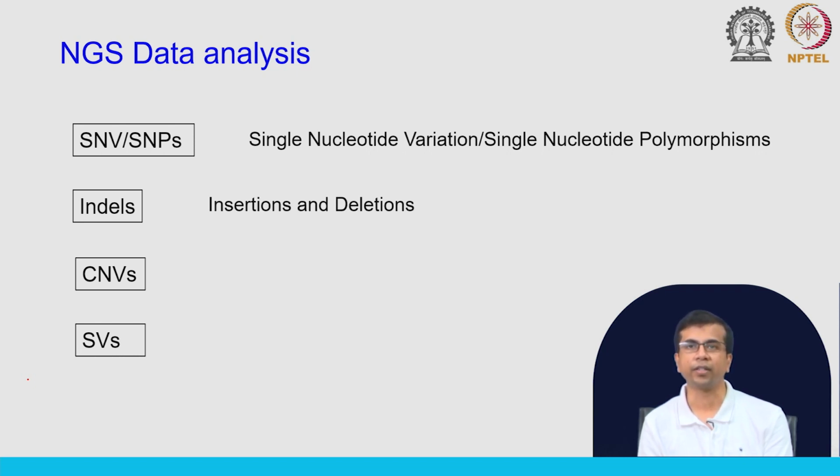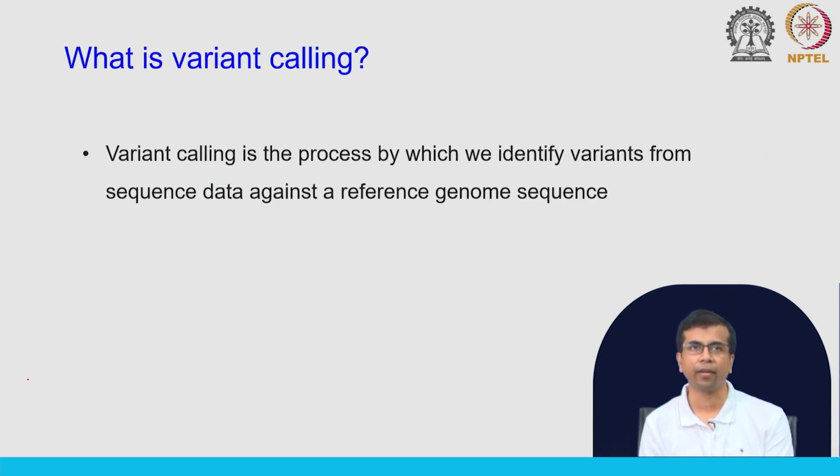Then you have insertions and deletions which are called indels in short, and we have then copy number variations or CNVs, and we have structural variations or SVs. So, we will come across all of these one after another, but today's discussion will be mostly focusing on SNVs and SNPs, and I will also introduce SVs and CNVs very briefly.